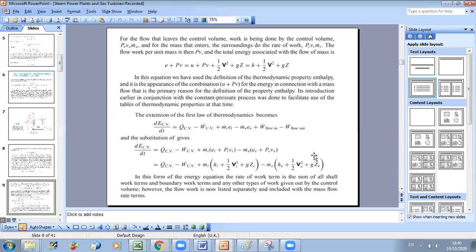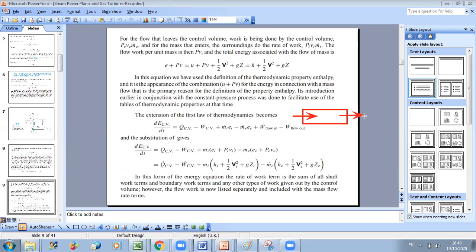Let us see why. If I have an open system, here I have a system, and I have a flow that is entering and leaving this system. What will change in my thermodynamic law?